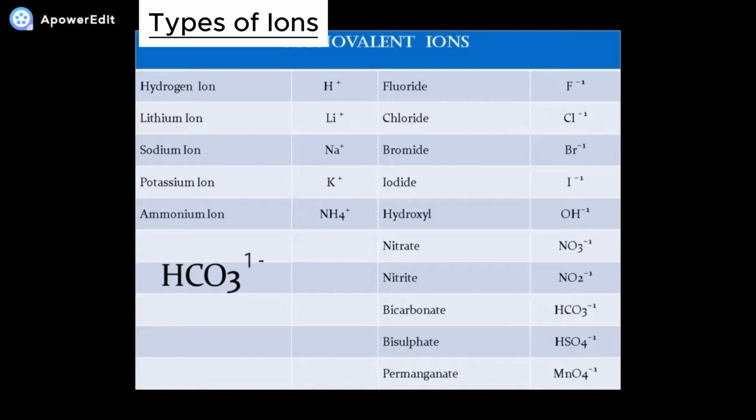Next, SO4 2 minus. This is called sulfate. Again, an anion, divalent. If I write here HSO4, what do you call it? H means you will call it bisulfate or hydrogen sulfate.